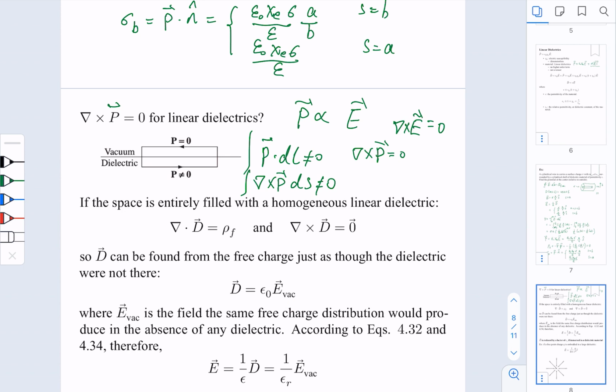However, because this material is throughout all the space, we can calculate the E field according to the definition of our D field as proportional to the permittivity of the material times the E field, and then re-express the D field in terms of the D field of the vacuum.